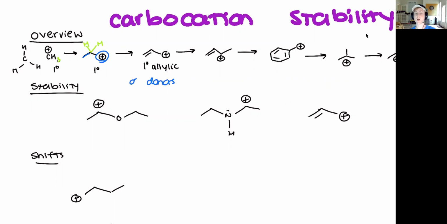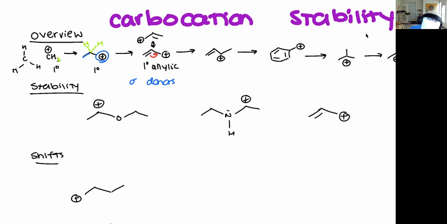Still we're primary, but we have that resonance donation. Similar to acidity and basicity, we don't want to have the charge only on one atom. We want to spread out the charge so that not only one atom has to bear the positive charge. In this case, we would get something like this when we do the resonance donation.